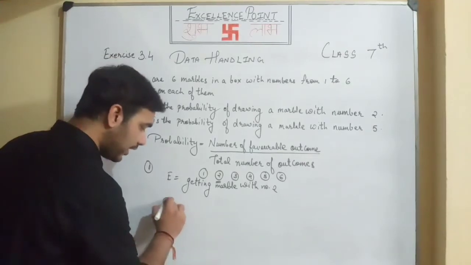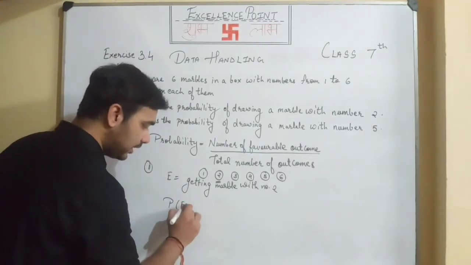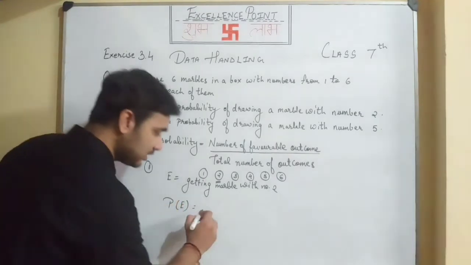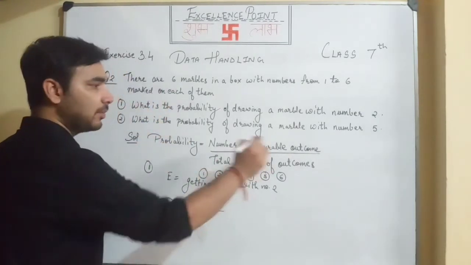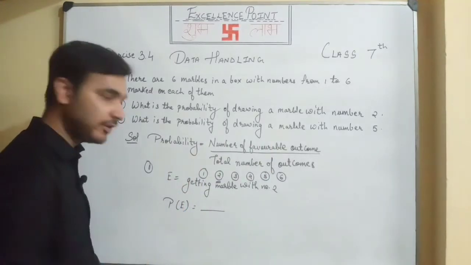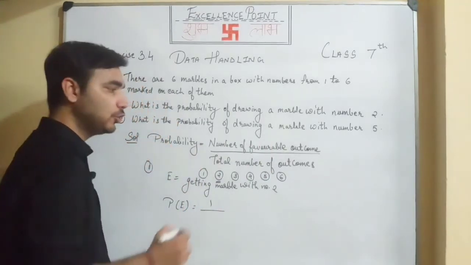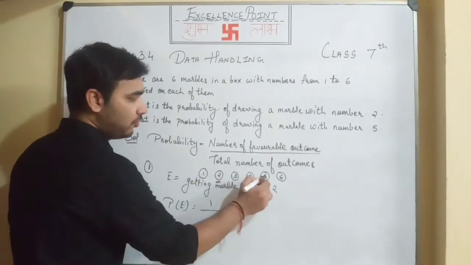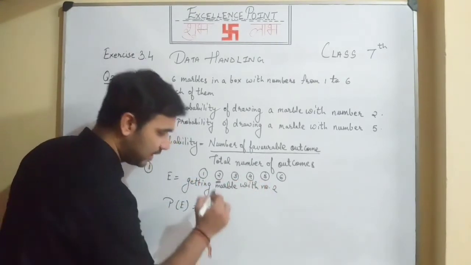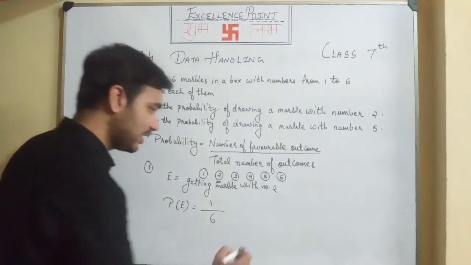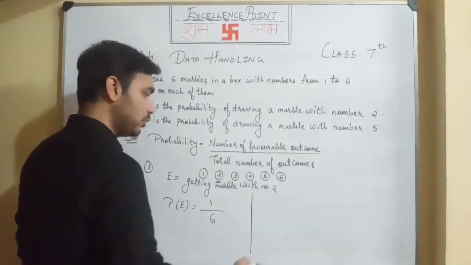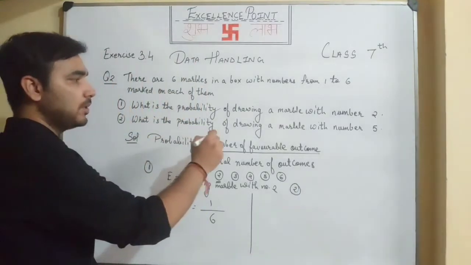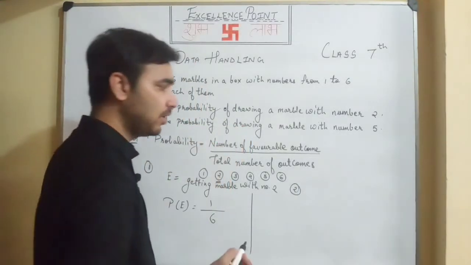Now we have to find the probability. So the probability of event, PE, is the number of favorable outcomes divided by the total number of outcomes. How many are favorable outcomes? 1. And the total number of outcomes are 1, 2, 3, 4, 5 and 6. So we get the answer 1 by 6. Similarly, we will see the probability of drawing a marble with number 5.